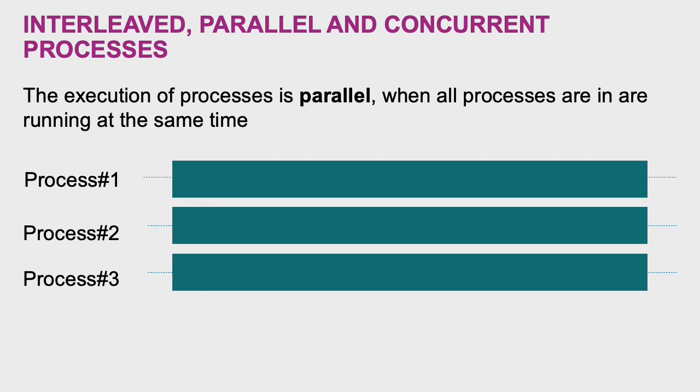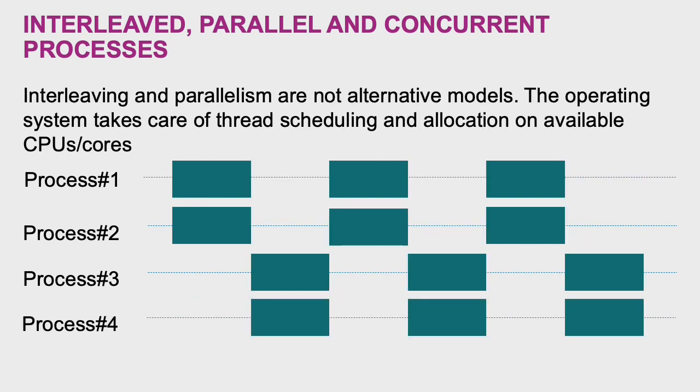The execution of processes is parallel when all processes are running at the same time. An example is depicted in the figure, where processes 1, 2, and 3 are executing at the same time. Process interleaving and parallelism are not alternative models.